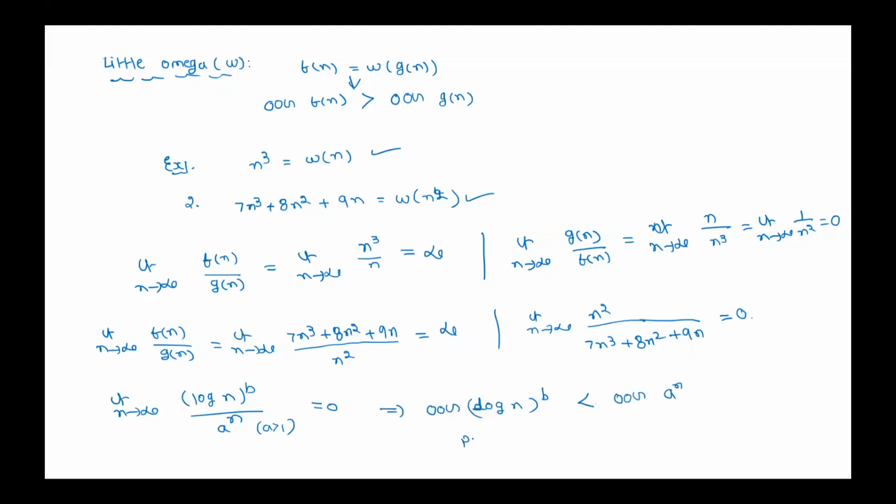This is a polylogarithmic function, and this is an exponential function. Why is it true? We know that the order of growth of a polylogarithmic function is less than that of a polynomial function, whose order of growth is less than that of an exponential function. Hence polylogarithmic is automatically strictly lower than exponential. Is that okay? Yes.